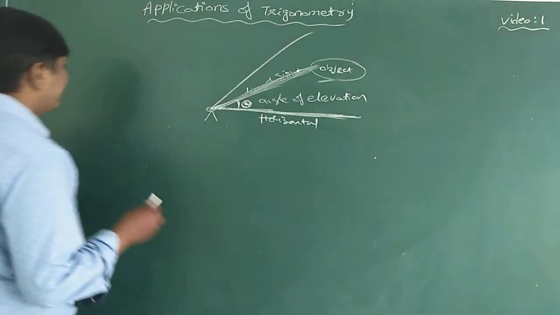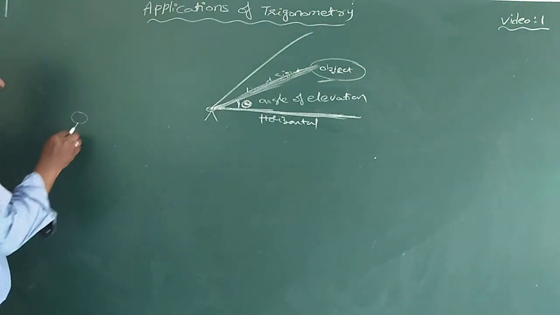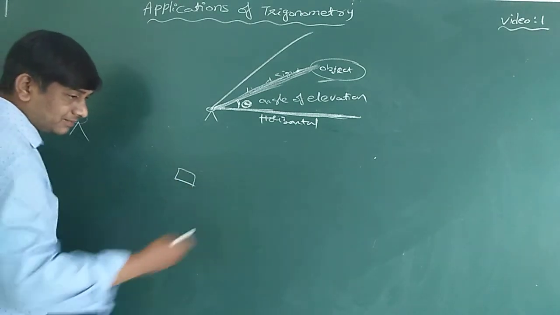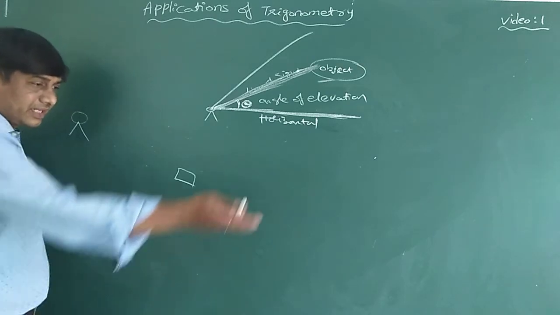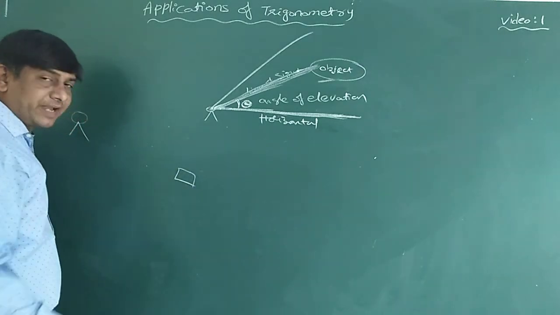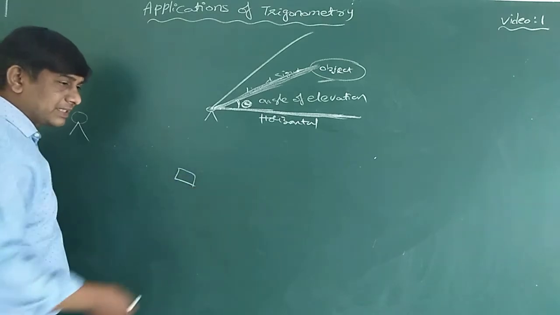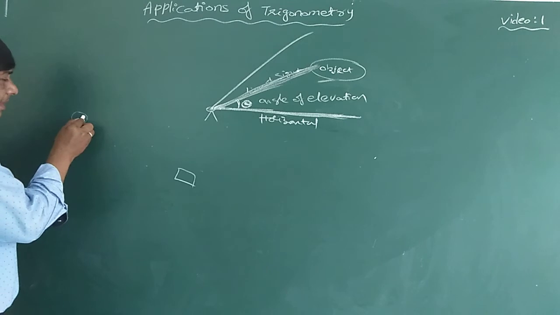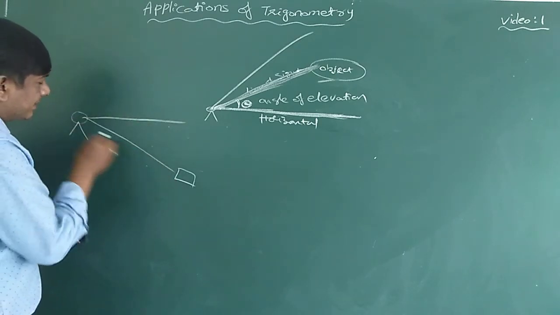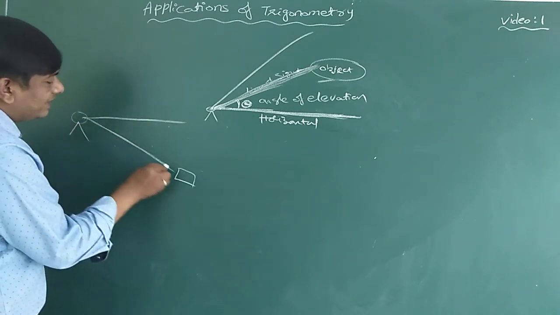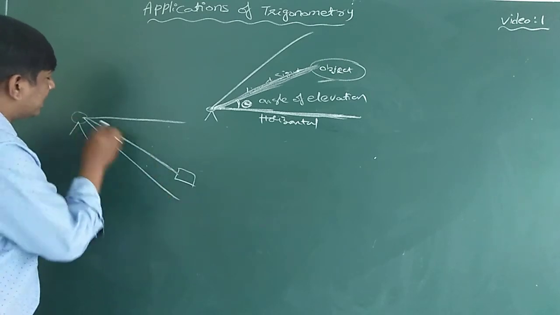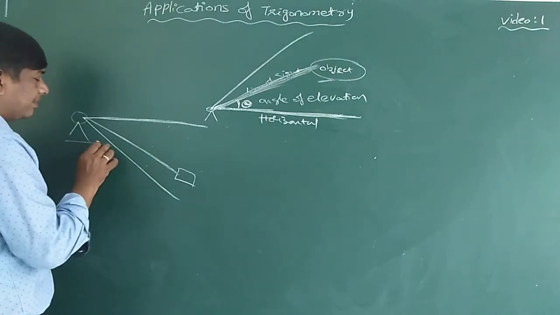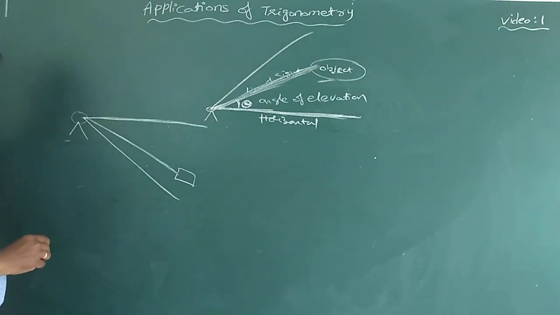In the same way, if a person is standing here and observing an object down on the ground, like a dustbin, many rays pass like this. One ray goes to the object, and one is parallel to the ground.